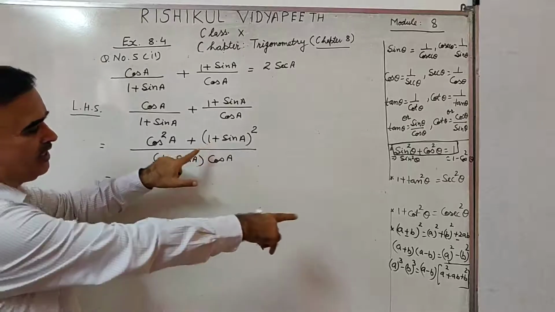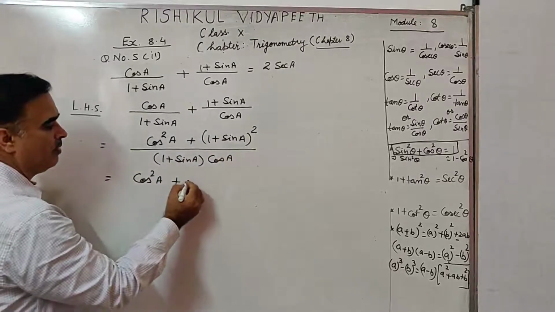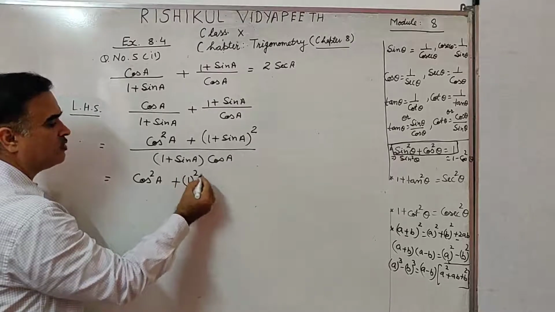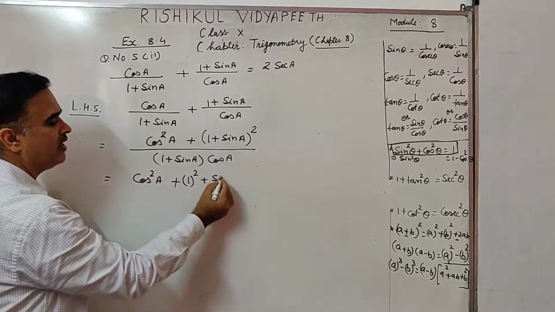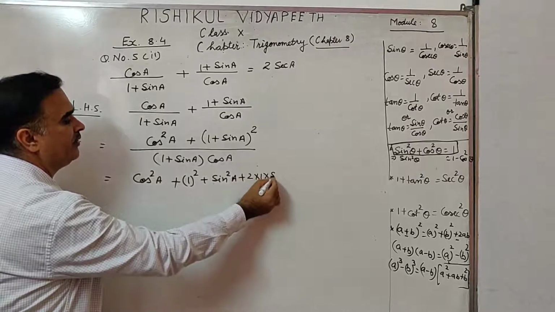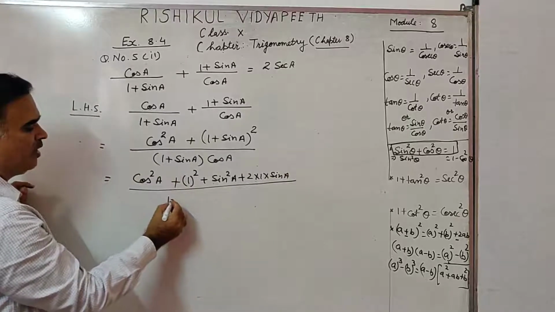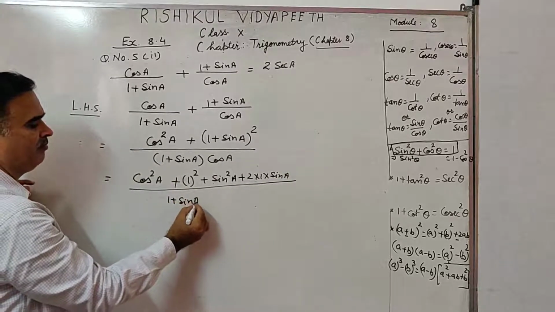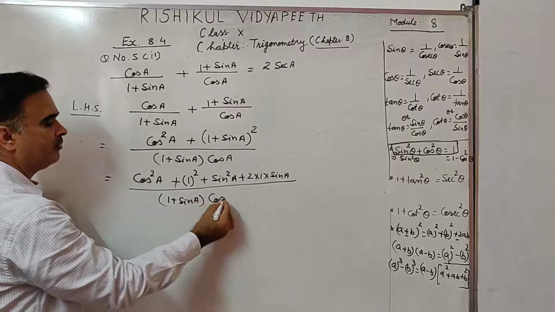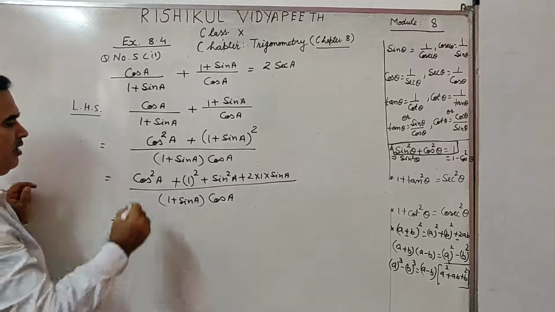Again, you see this identity is written A plus B whole square. To apply this, 1 square, that is 1, plus sin square A plus 2 into 1 into sin A, upon 1 plus sin A into cos A. What is this now?